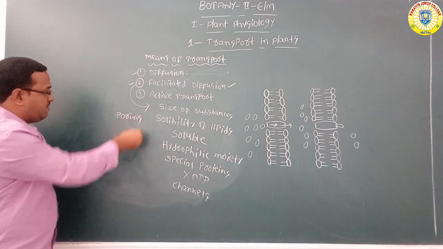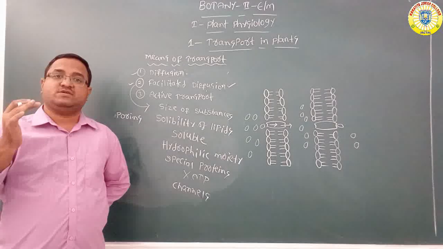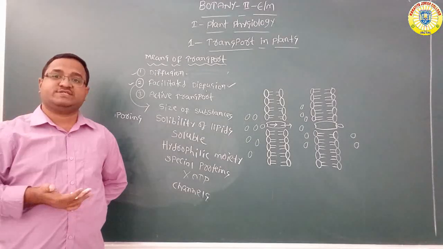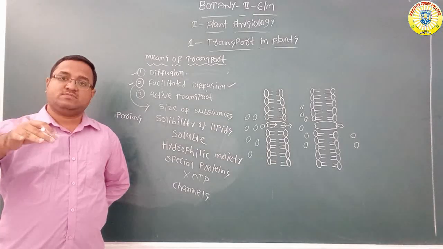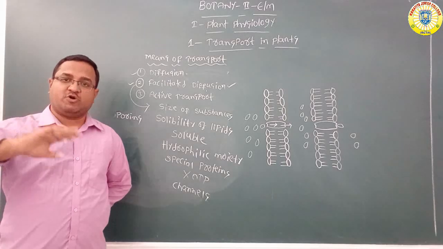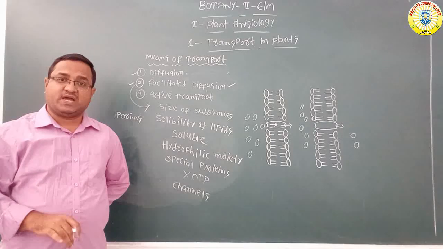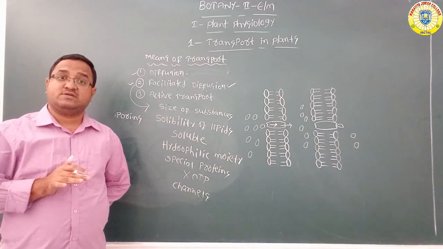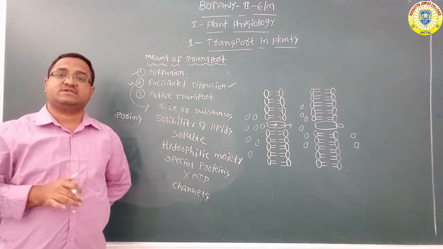Porins are the special proteins which make huge holes on the outer membrane of plastids, on the outer membrane of mitochondria, and on the outer membrane of small bacteria. They can allow molecules of small size, like small proteins.